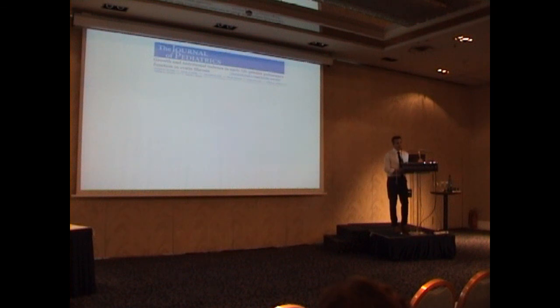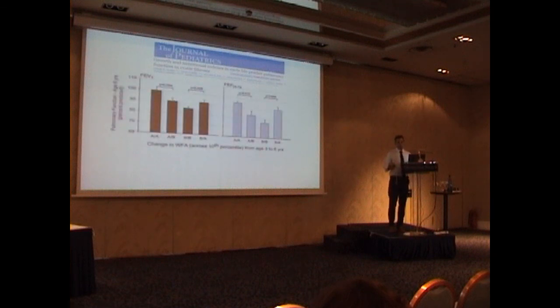Now another study that was very interesting showed how you can improve lung function even in a relatively short space of time by improving nutrition. In this study they took children at age 3 and children at age 6. These first letters, circled here, represent the nutritional status at age 3. A stands for above the 10th centile, and B stands for below the 10th centile.